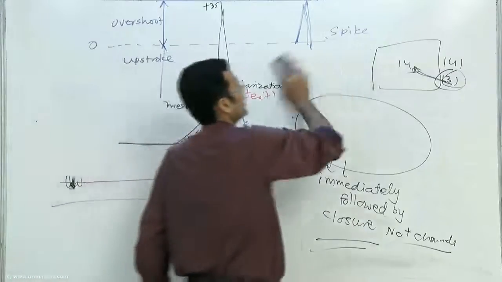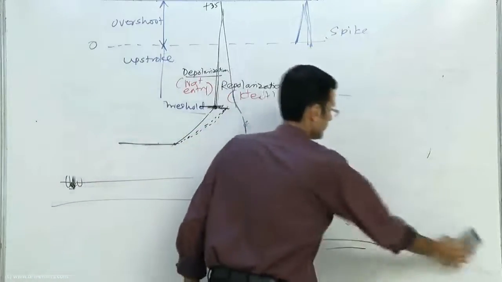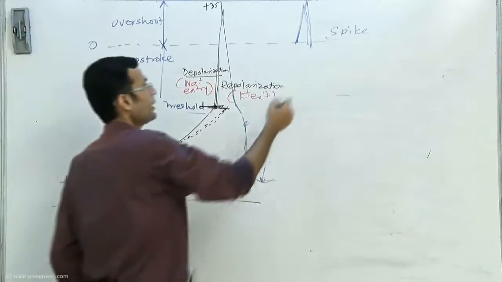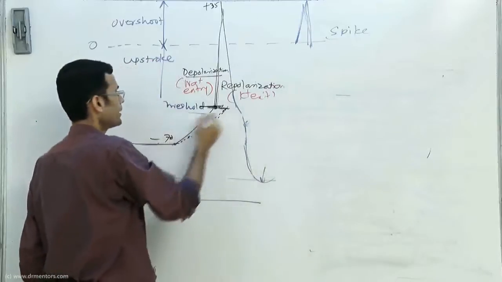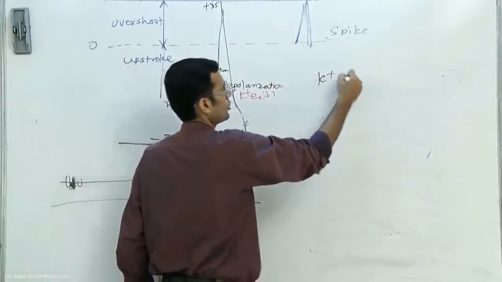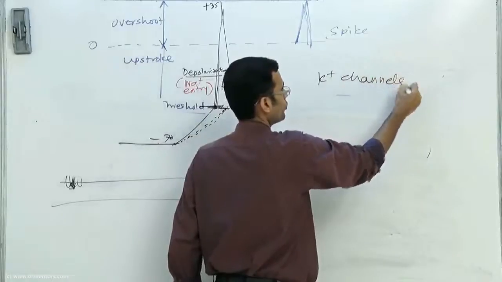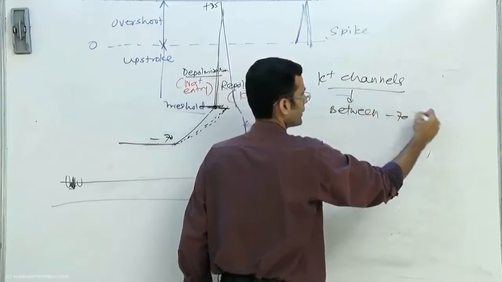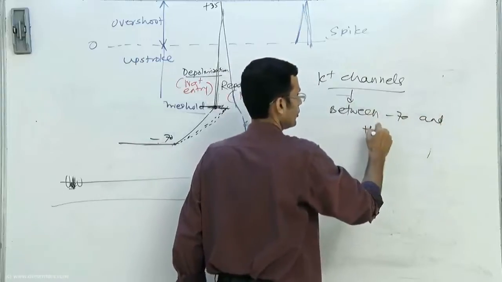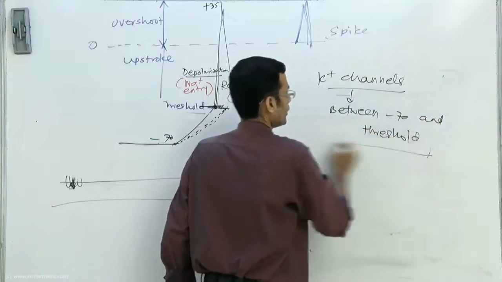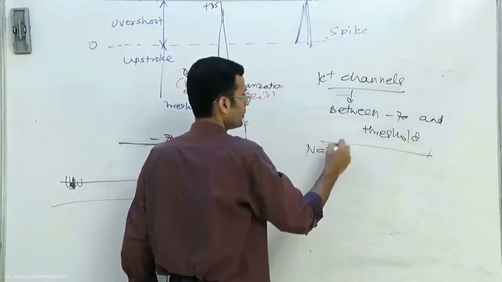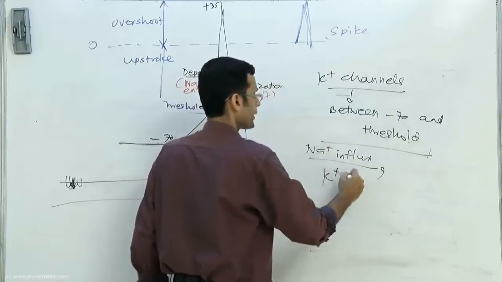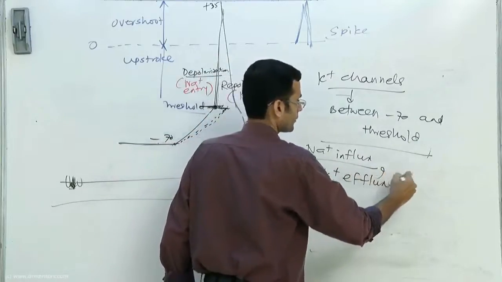Okay, let's see the potassium ions, how they behave. Somewhere between minus 70 and threshold, potassium channels begin to open. So, even as sodium is coming in, potassium efflux starts.